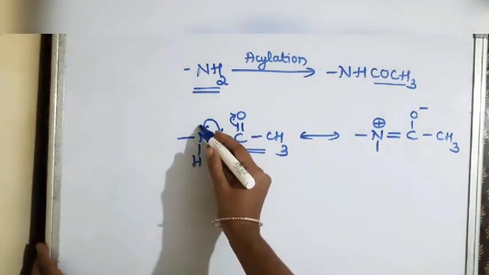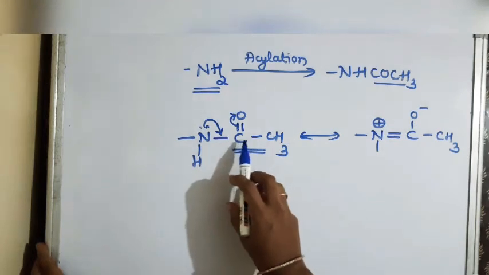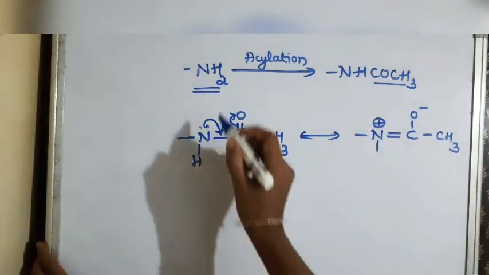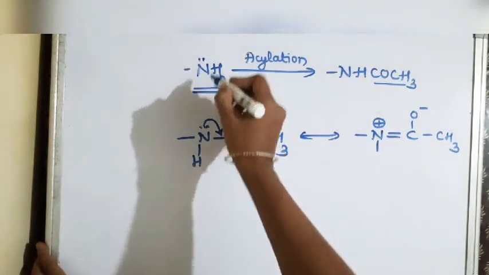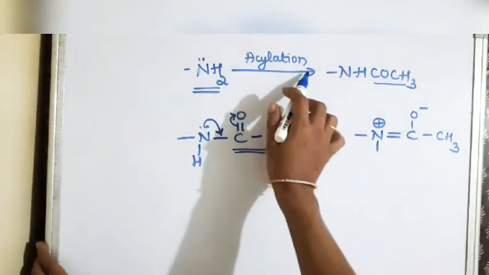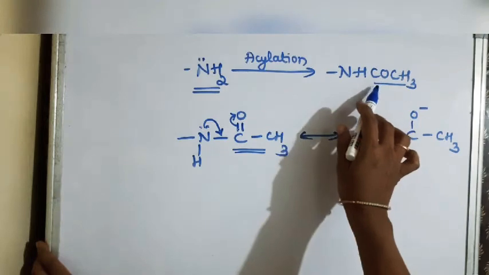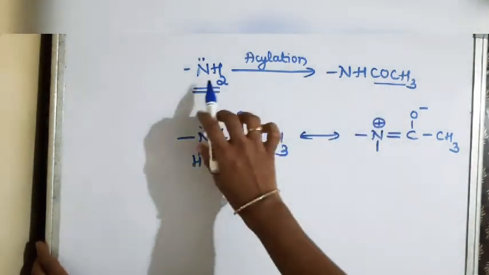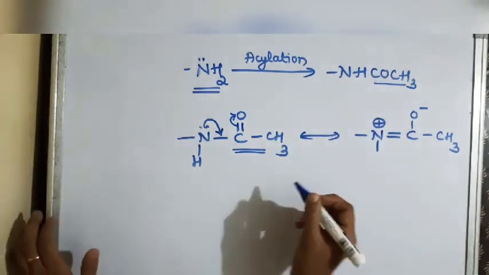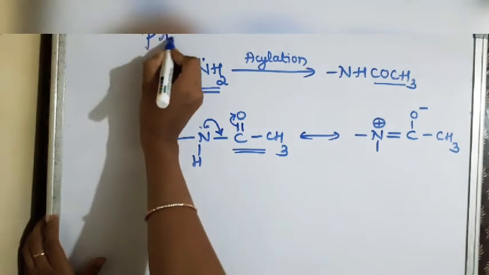So the lone pair of electrons is not only available for donation in the benzene ring, but also for this kind of resonance. That's why the activity of the NH2 group is a bit reduced. This acylation, or conversion of the amino group into the acyl group, or introduction of the acyl group into the amino group, is what we call protection of the amino group.